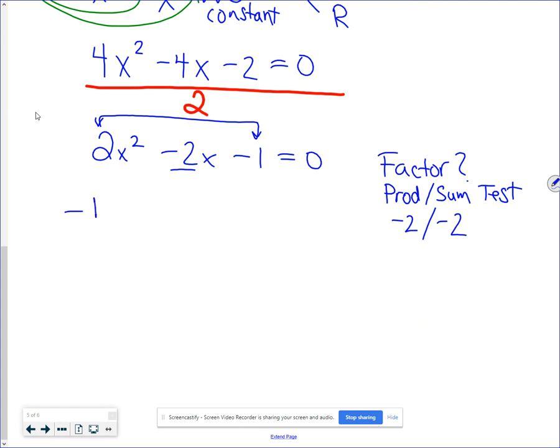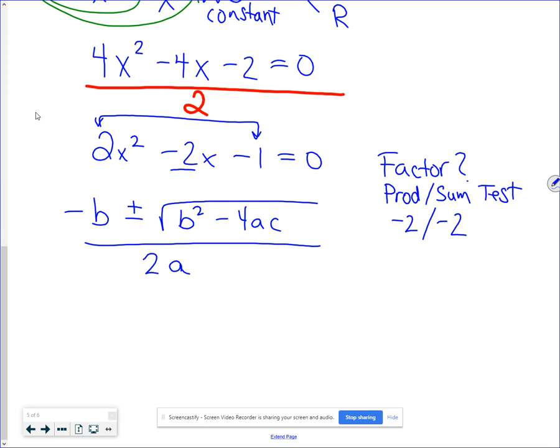So again, just a reminder, here's the quadratic formula. And remember, you get your values from the standard form. The standard form is ax squared plus bx plus c equals 0. So let's see. So we got the opposite of b. So b is -2.